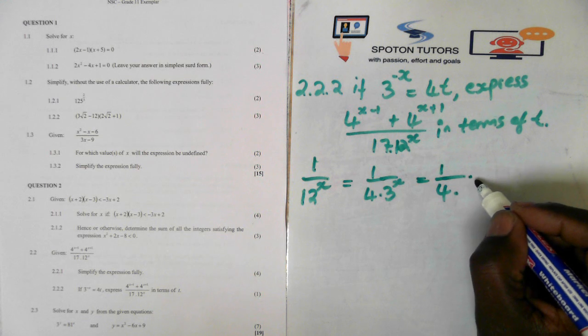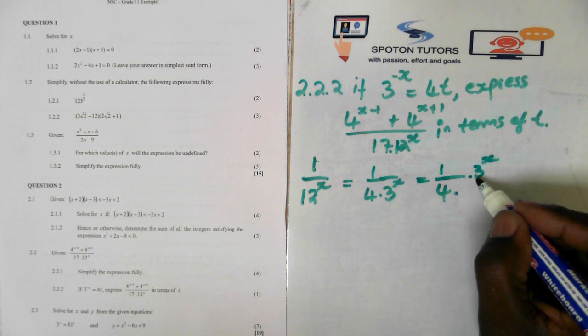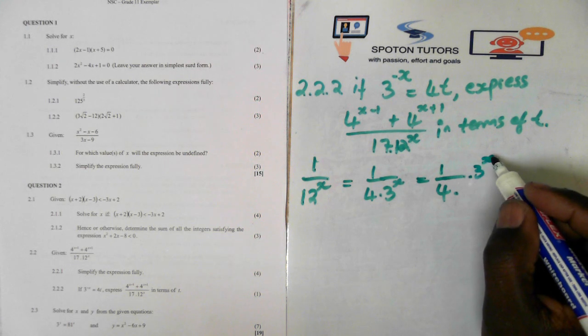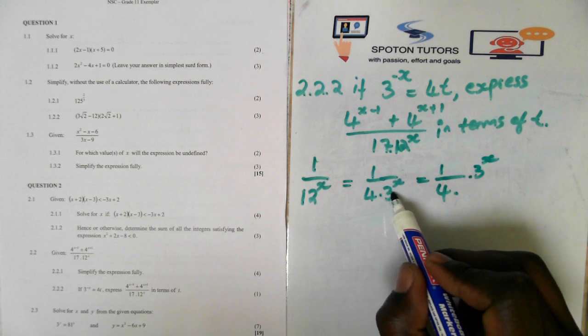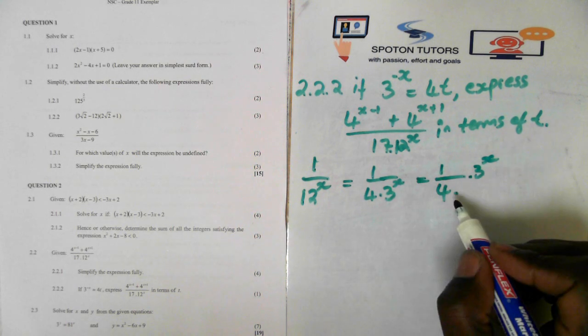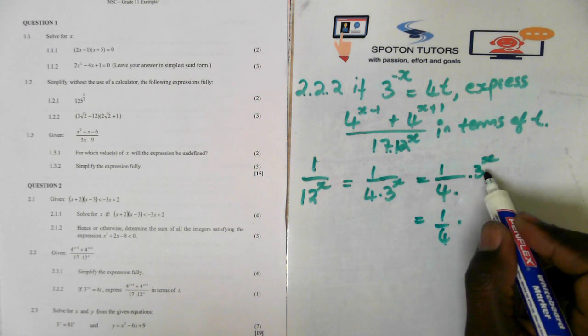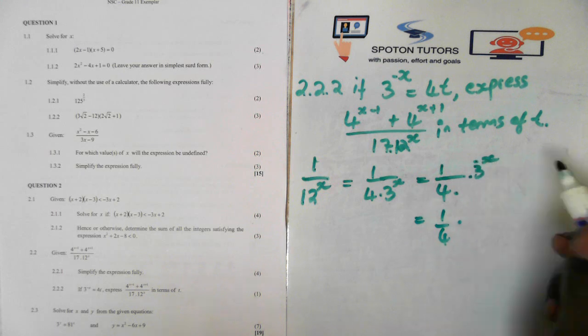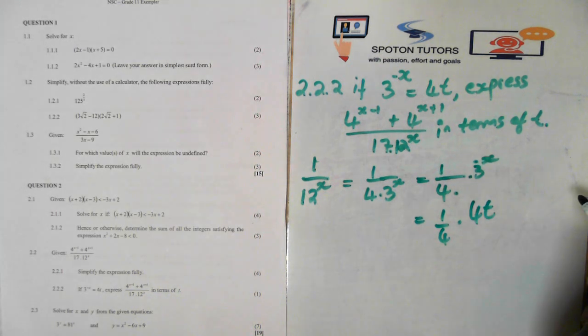So times 3 to the power of x. Why is the power of x changing here now? It's changing because it's going from the denominator to the numerator, which then gives you 1 over 4 times 4t.